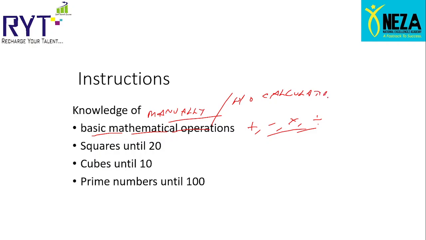That matters a lot. Then you should know squares until 20, cubes until 10, and finally prime numbers until 100. This is extremely important.